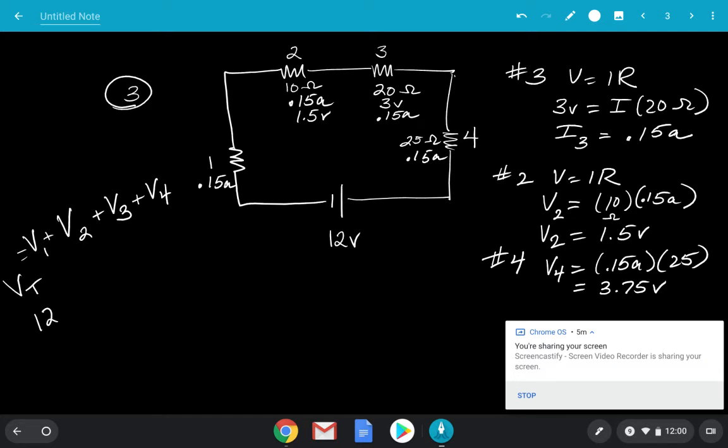So I know my total voltage is 12, and I know all the other 3, so let's add those together. We've got 1.5 for number 2, we've got 3 for number 3, and we've got 3.75 for number 4. I didn't write it down.